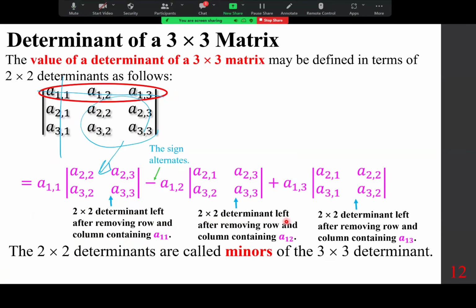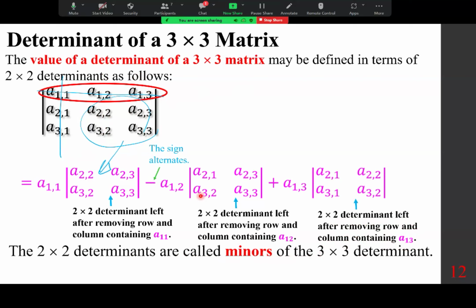A 2 by 2 determinant left after removing row and column containing A12. So that's the same row, but the column now, this time, this one is removed. What about this one? 2 by 2 determinant left after removing row and column containing A13. Now, of course, the row was the same row, but the column is this time, this one, and this is what is left. The 2 by 2 determinants are called minors of 3 by 3 determinants.